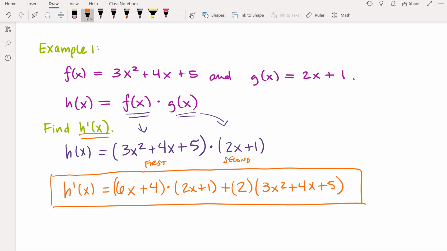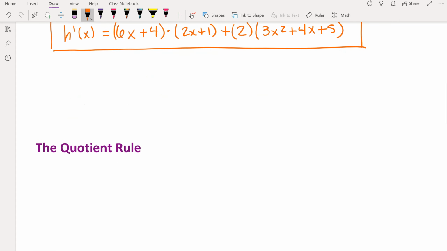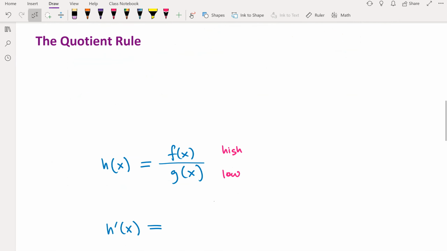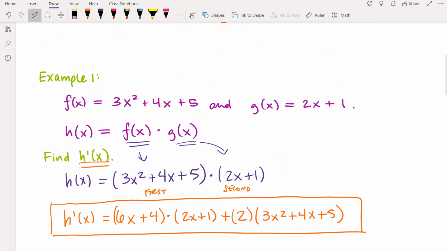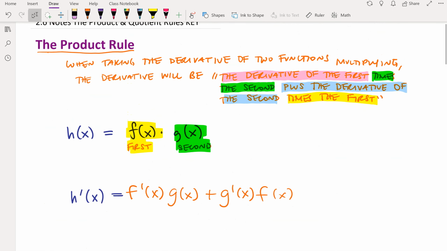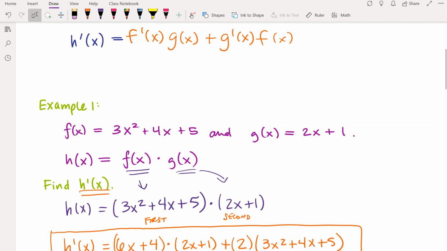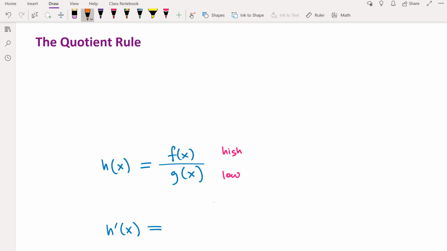All right, let's move on to another rule, the quotient rule. So go ahead and write down the quotient rule. And we're going to write a definition and then also write down the way that we say it. So just be prepared for that. Okay, the quotient rule.